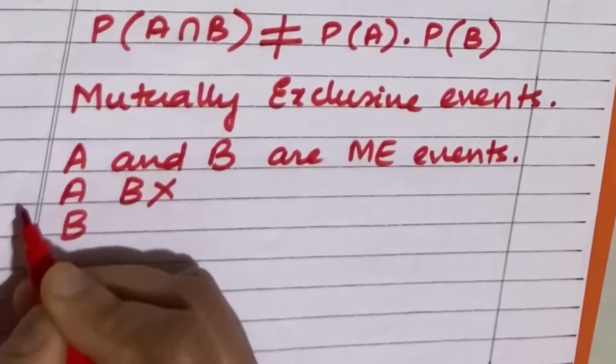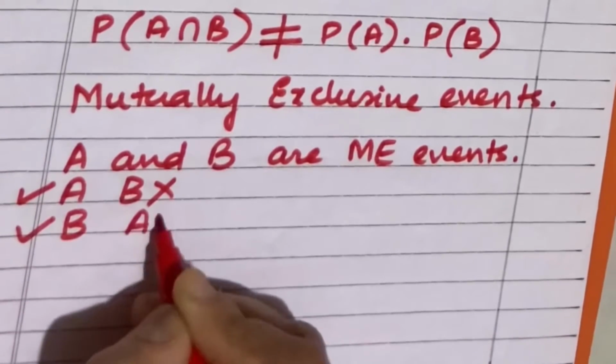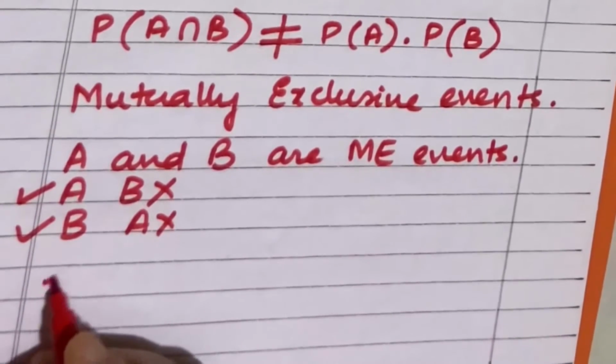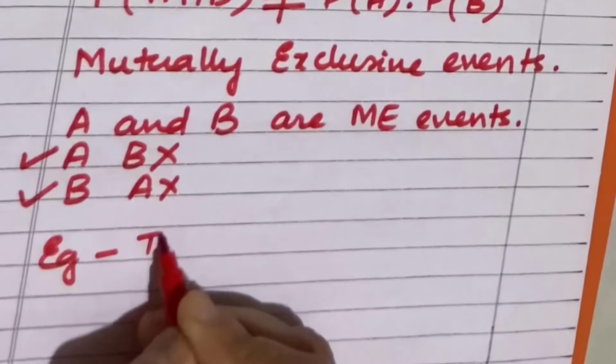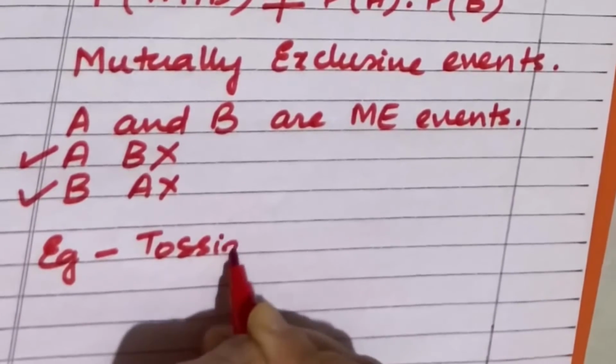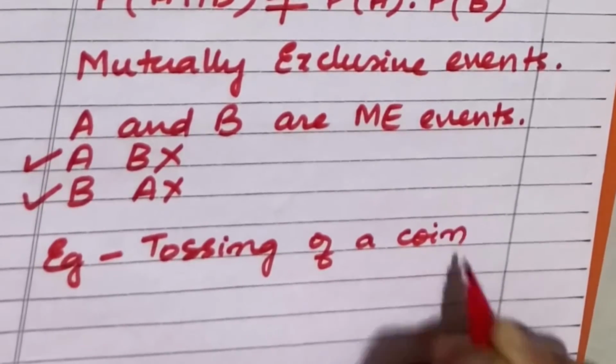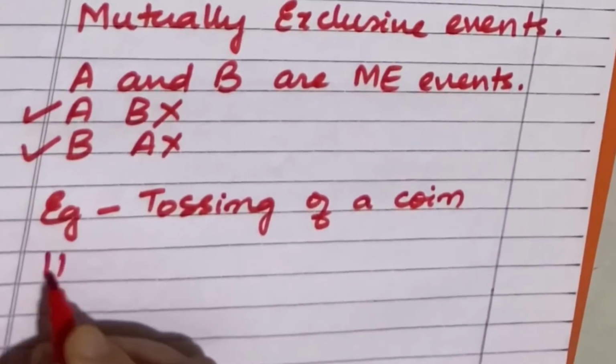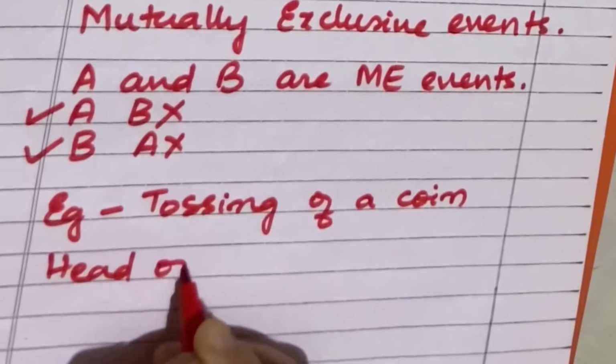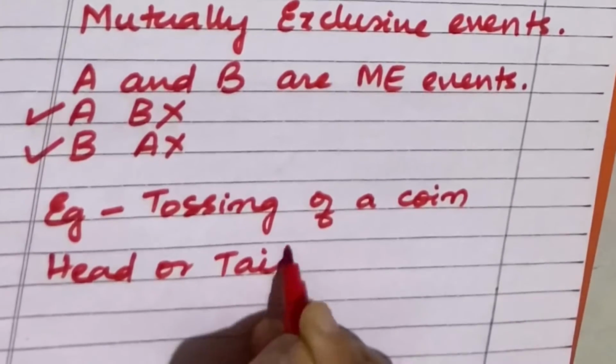When B happens, A does not happen. An example is tossing of a coin. You can either get head or tail, never both.